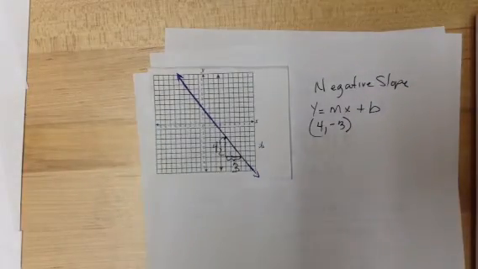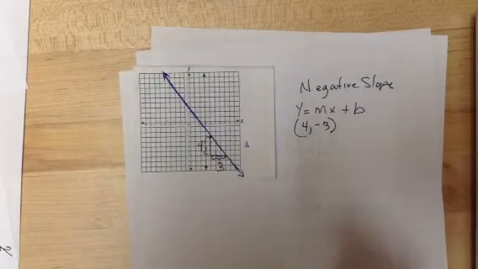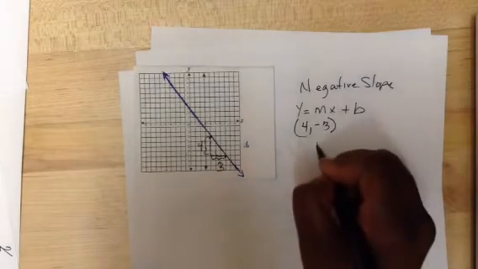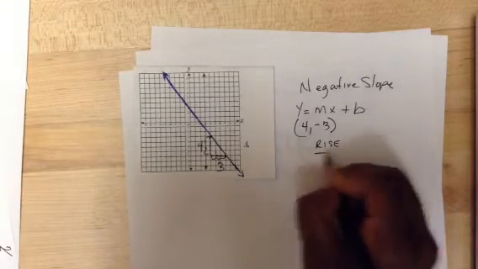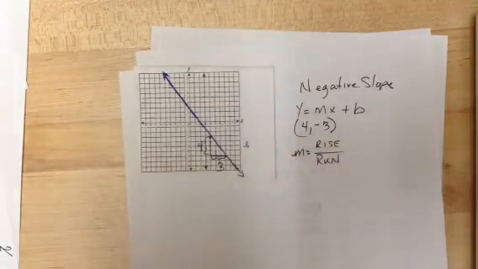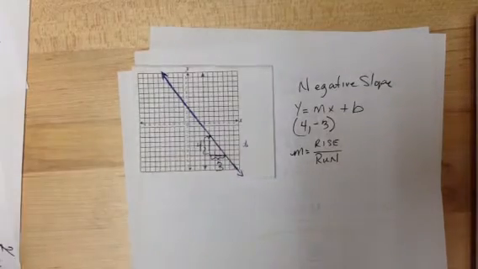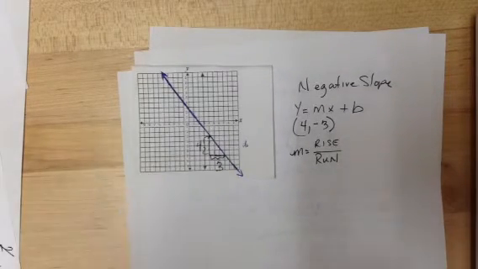There's something that we're used to, the term rise over run. Remember, my graph is going what? Down. So that indicates to me that my slope automatically is going to be negative. Now, how many did I move on the y-axis?